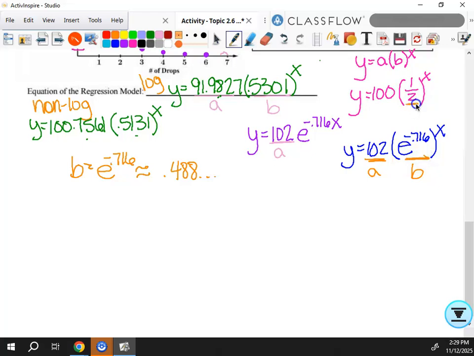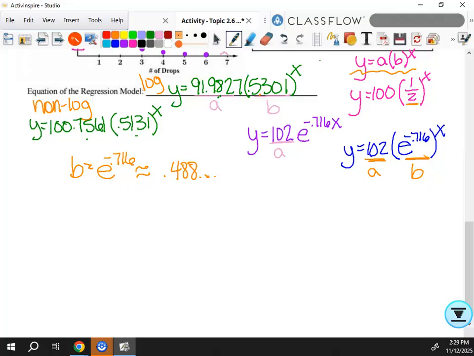That's your B. That's pretty close to 0.5, right? Might be a little farther off than what you had, but it's actually a little closer than what I had, just on the other side of the 0.5. But that's why, with the equivalent forms, we can put it into this form right here and not have a horizontal dilation there.